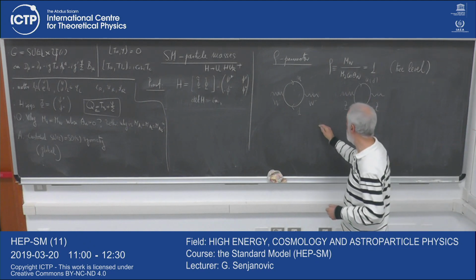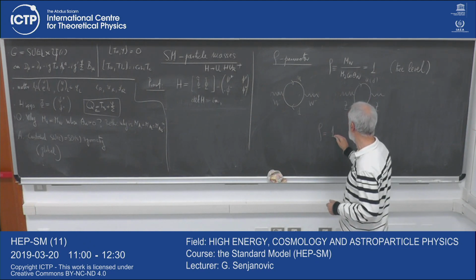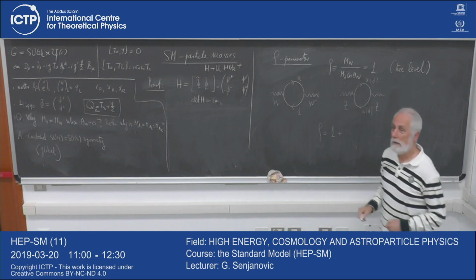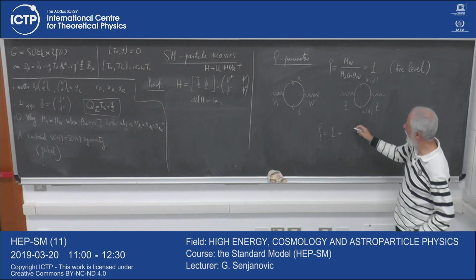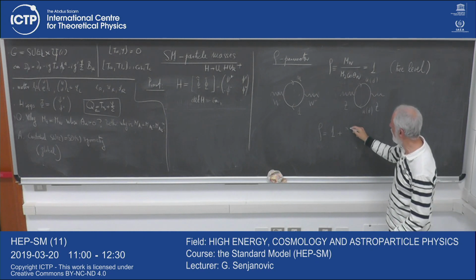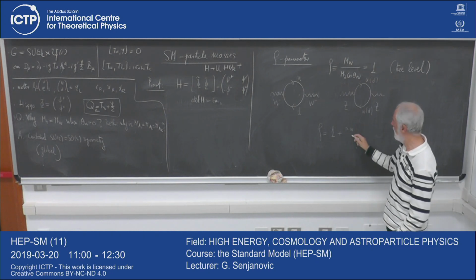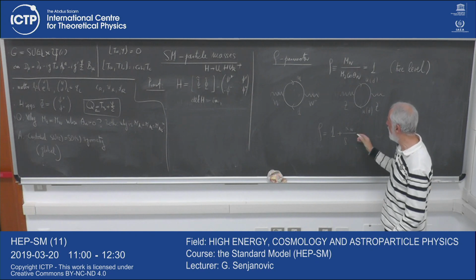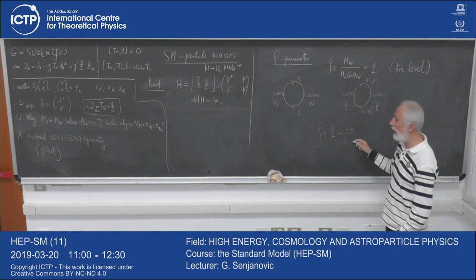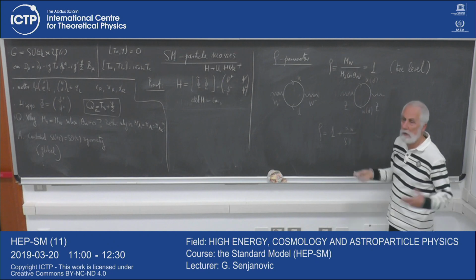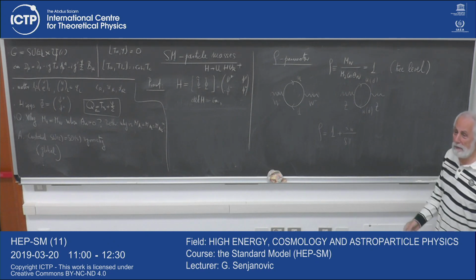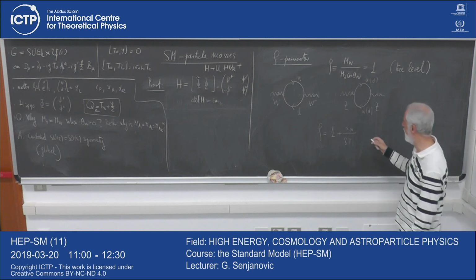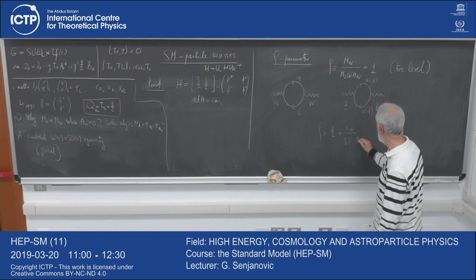So it turns out that rho is 1. So what will the correction be proportional to? It will be proportional to alpha weak. And you will get a famous factor over 4 pi. Typically, it turns out that you get over 8 pi. Then you will have 1 over mW squared.